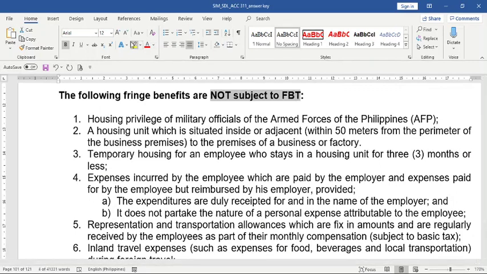Okay? So the following fringe benefits are not subject to the final fringe benefit tax. We have the housing privilege of military officials of the Armed Forces of the Philippines. So it is not part.